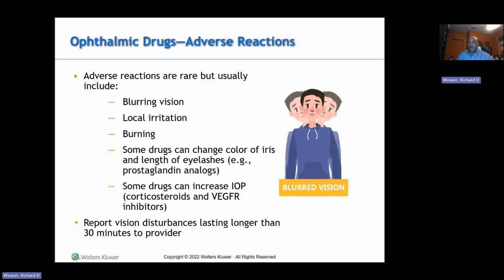These reactions are most often self-limiting, they don't last very long, and they resolve if the client waits a few minutes. So you just have to teach the patient to be patient, right? So visual impairment that does not clear within 30 minutes after the therapy should be reported, of course, to the primary care provider because something else may be going on.